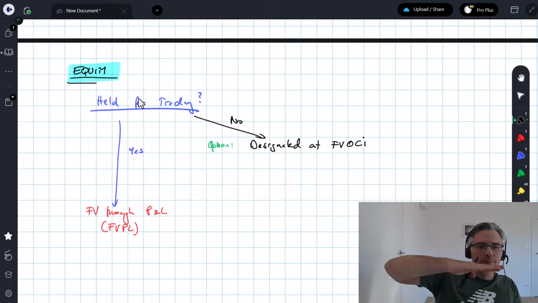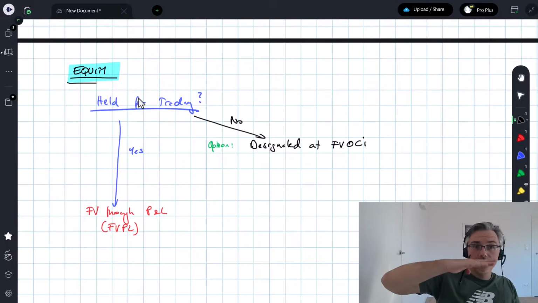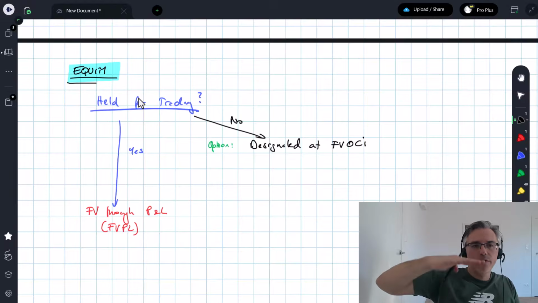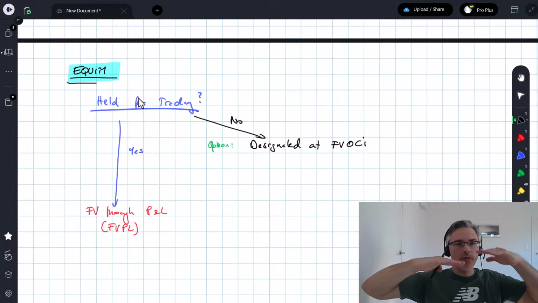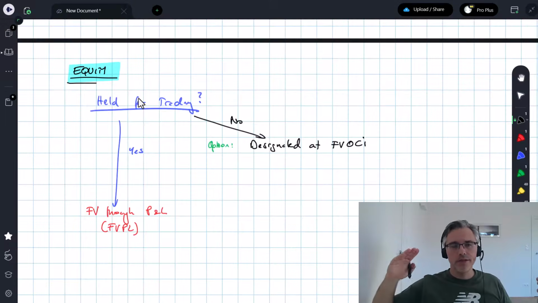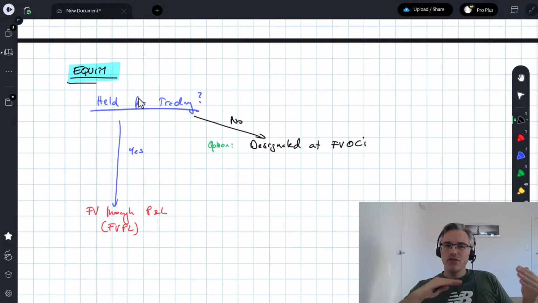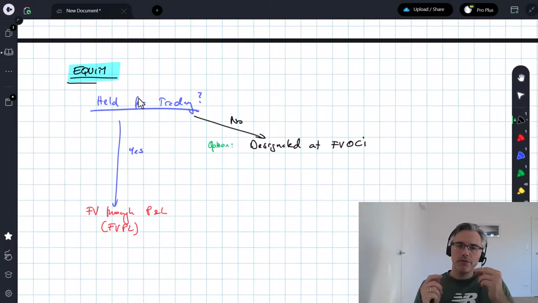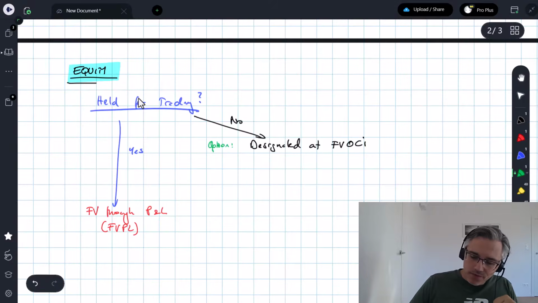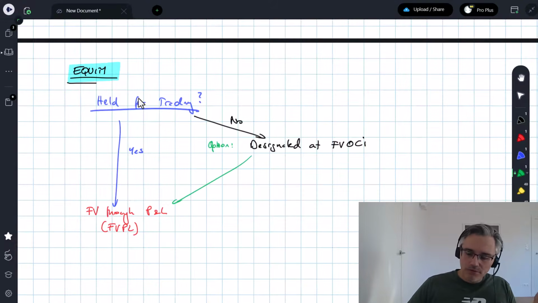So that's where you'll be updating the value of that equity security in your balance sheet to its current fair value. So the carrying amount should always match the fair value, the market price ideally. But any changes from one period to the next in that value will not go to P&L, they will go to other comprehensive income.